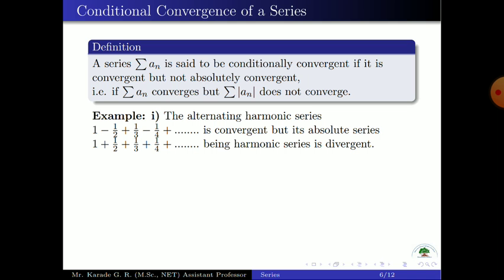So 1 plus 1 half plus 1 by 3 plus 1 by 4 plus dot dot dot, and that absolute series is a harmonic series and that series is divergent. Therefore the alternating harmonic series is conditionally convergent. The given series is convergent and its modulus series is divergent. In this case we say that the given series is conditionally convergent.